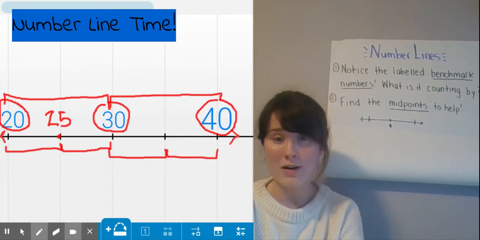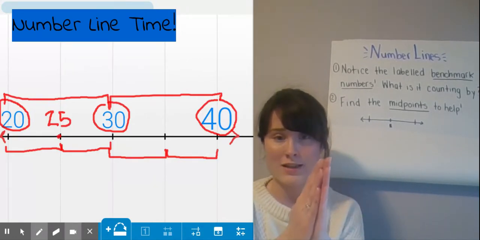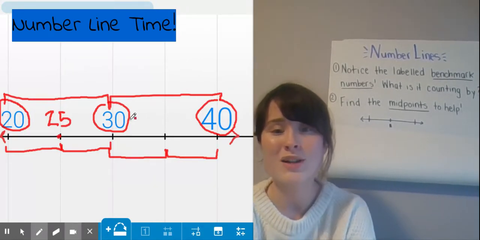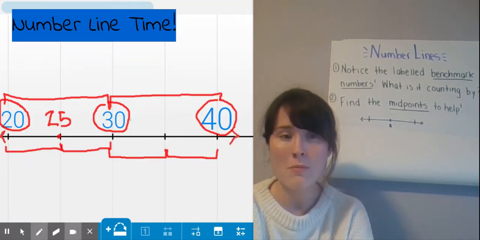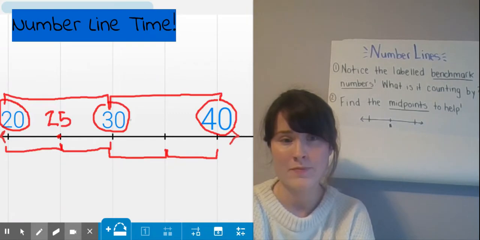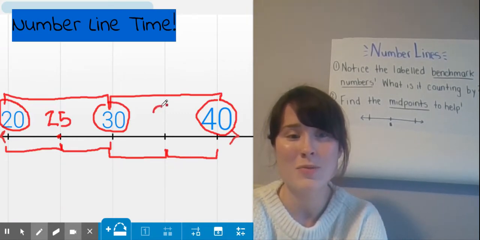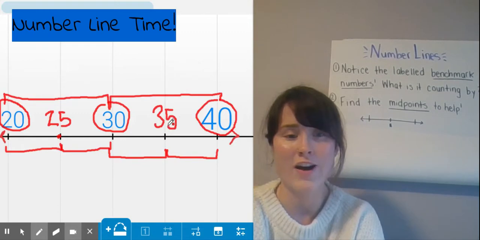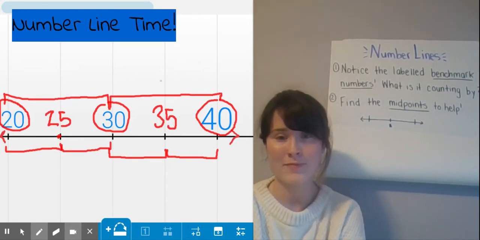Well, I know when we're counting by tens, our midpoint is going to end with a 5 because two groups of 5 make 10. So what's right in the middle between 30 and 40? What would the midpoint be? If you knew the midpoint was 35, you rocked it. Go ahead and label your midpoint 35. It should be right in the middle of 30 and 40.